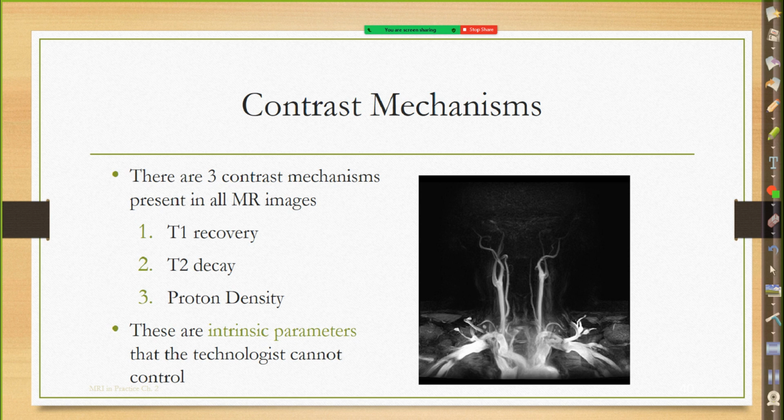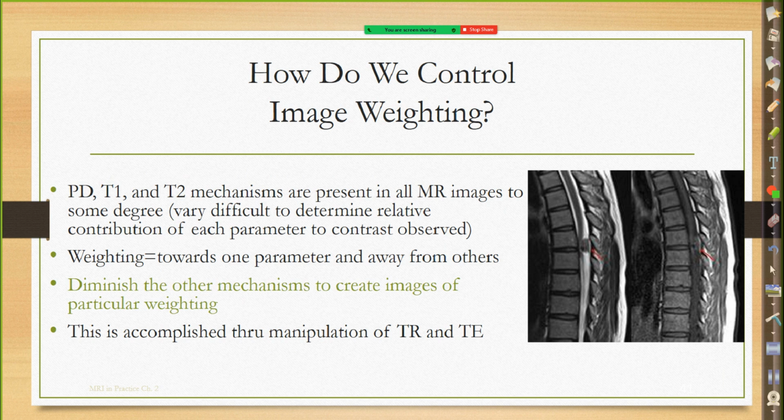Every MRI image incorporates these 3 things, and that's because these are intrinsic parameters. But what we do as technologists and how we manipulate the parameters gives us our desired image weighting. Okay?